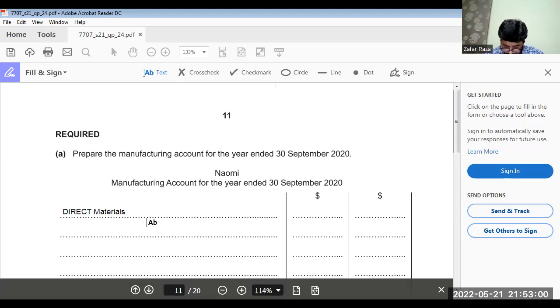Because she has started the business, she has no opening inventories for work in process, finished goods, and raw materials. So we have to start with the purchase of raw materials.